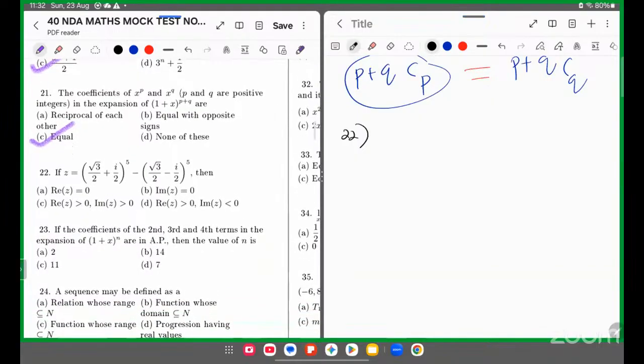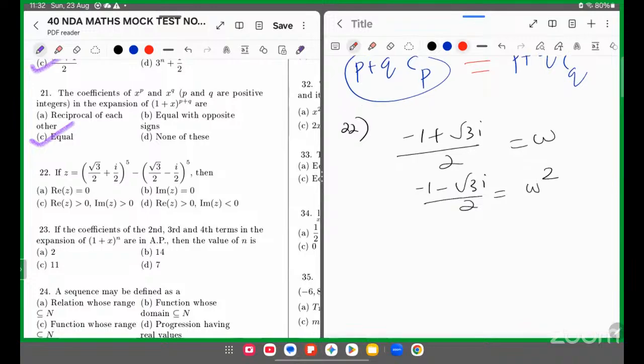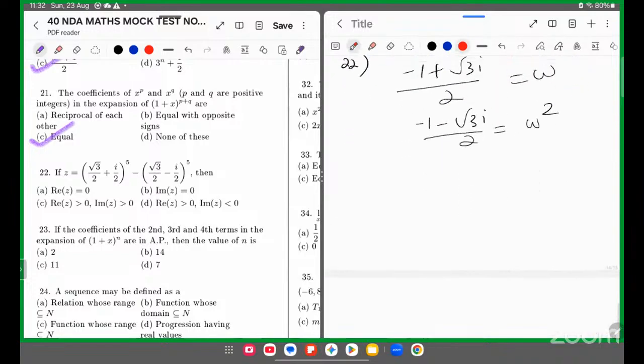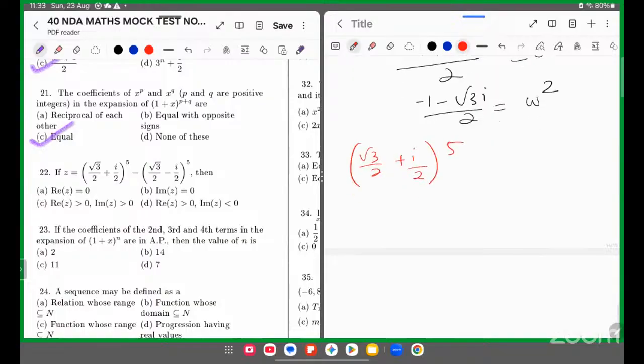Question number 22. Z is given. If Z is equal to root 3 by 2 plus iota by 2. Here I know that minus 1 plus root 3 iota by 2 is omega, and minus 1 minus root 3 iota by 2 is omega square. So in root 3 by 2 plus iota by 2 raised to 5, that is the first portion.